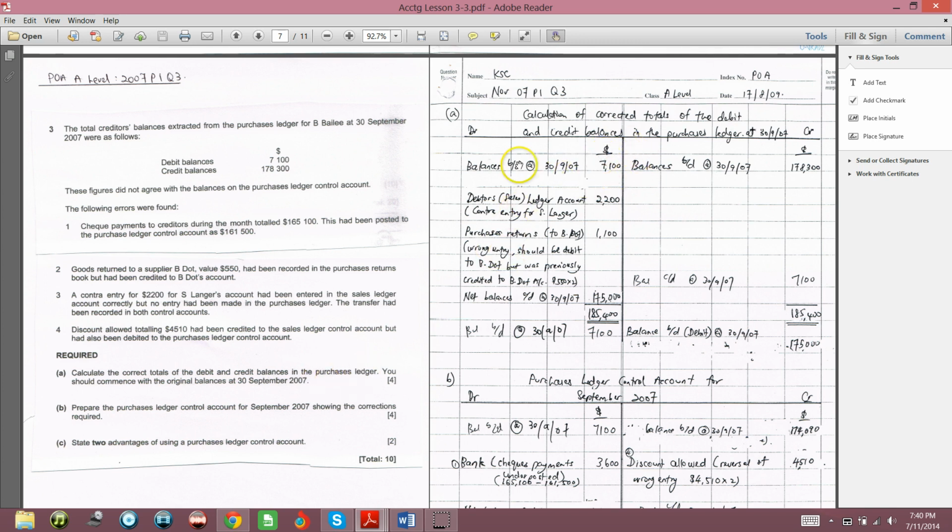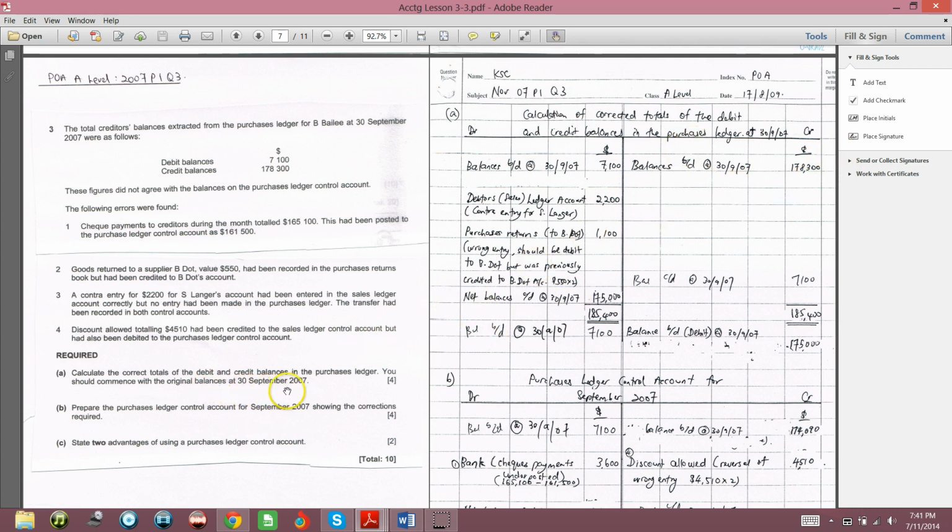So this is my debit of the total in the purchasers ledger, and this is my credit. Now I'm going to calculate the correct. So I put the balance brought down first. This is a debit, and this is a credit. On the debit side, the balance brought down, then on the credit side, the balance brought down.